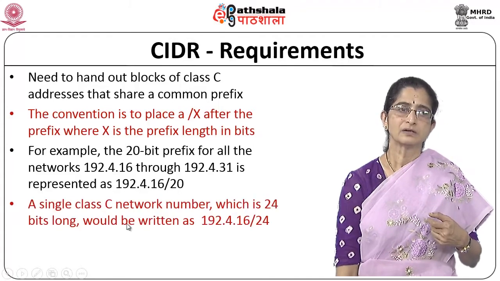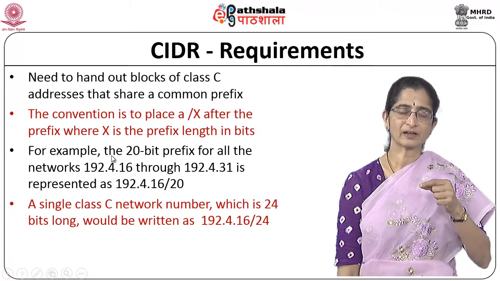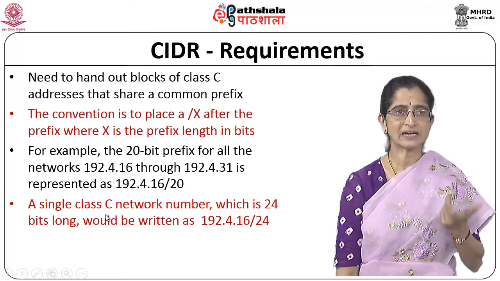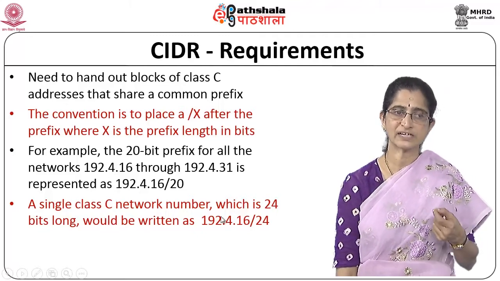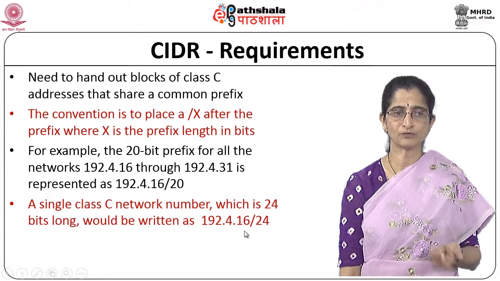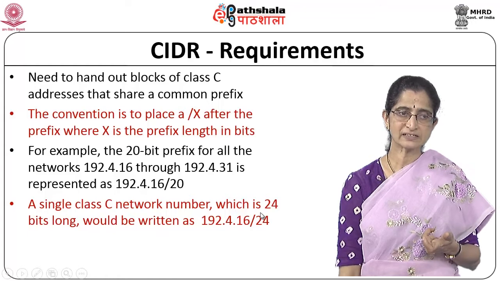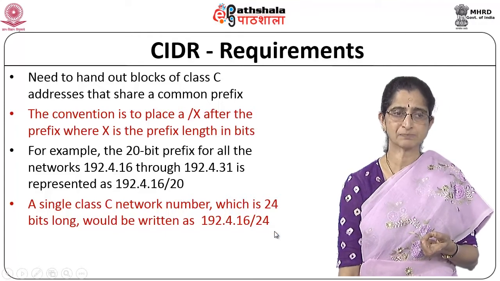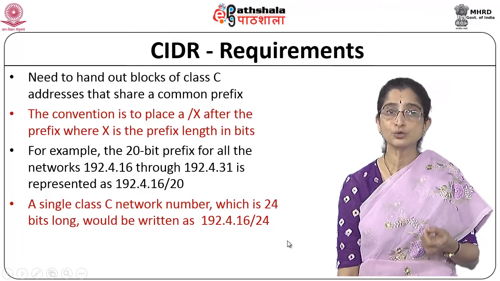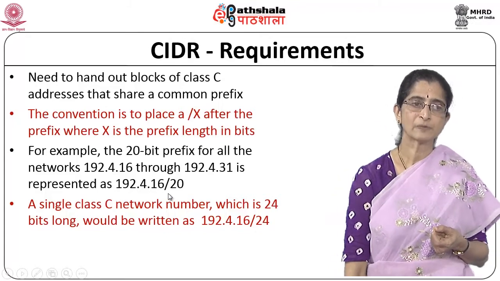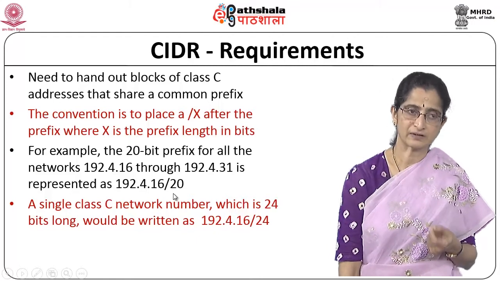Okay. So, in this prefix based addressing mechanism, if you want to specify a normal class C network number, which actually has a 24-bit long network address, you could write it as 192.4.16/24. So, you can see that these two numbers, by means of the prefix length being different, actually refer to two different networks. This refers to the 192.4.16 network where 20 bits will be used as the network part of the address.